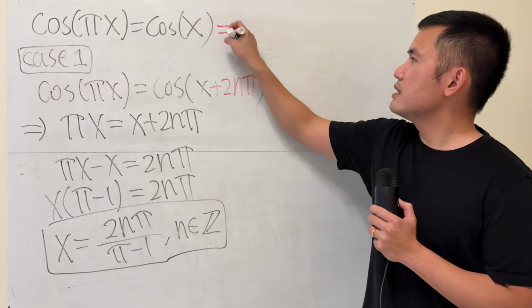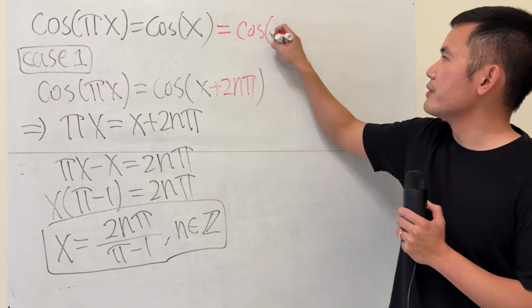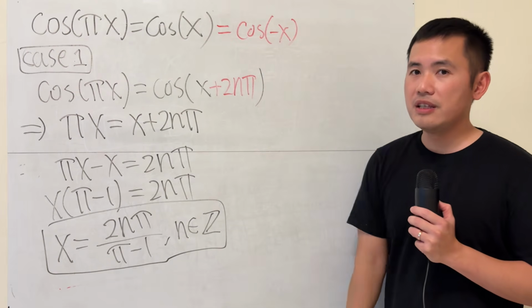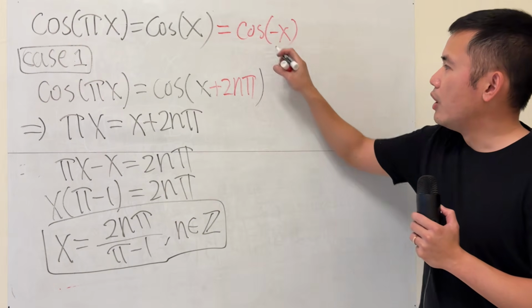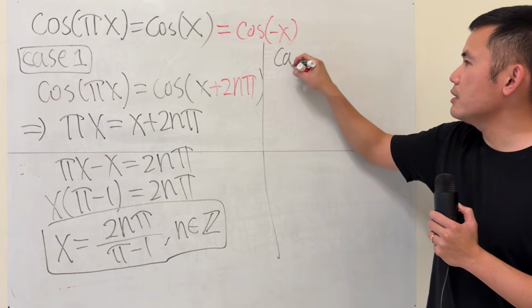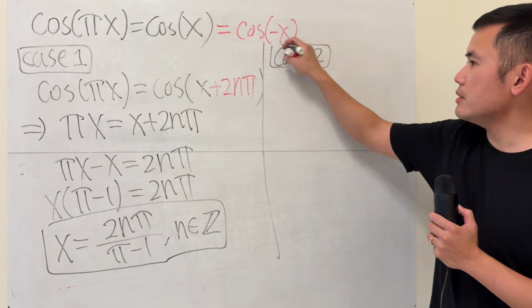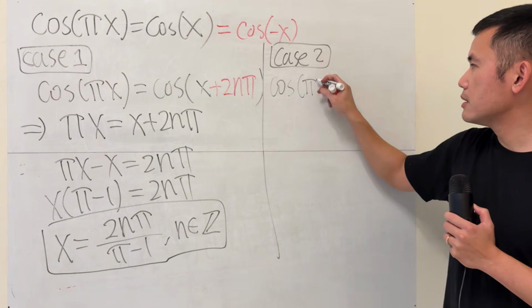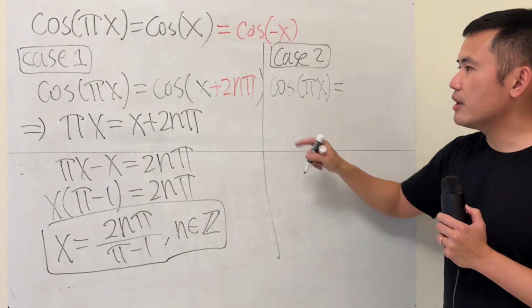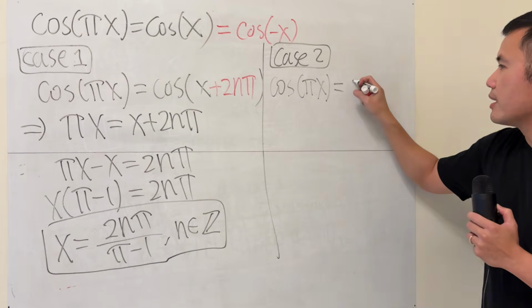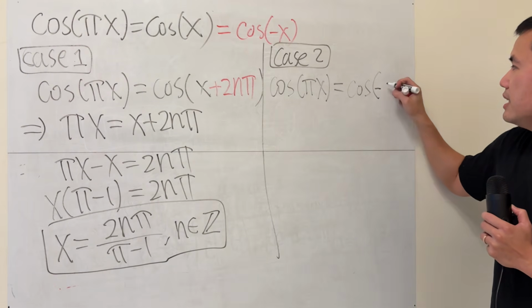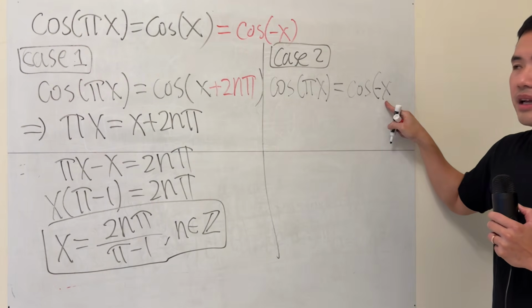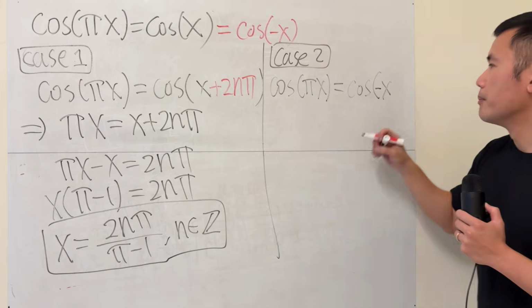Cosine x is the same as cosine of negative x, because cosine is an even function. So I could also have the following for case 2. Still write down cosine of pi x, but instead of just the x, I'm going to write down cosine of negative x right here, and then do the same thing, plus 2n pi.